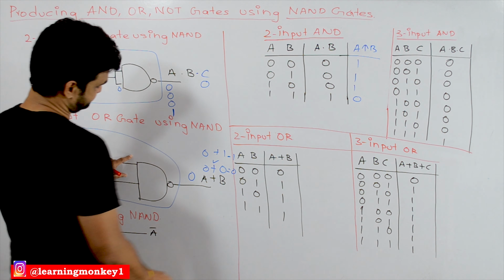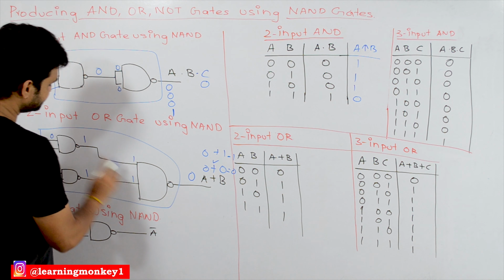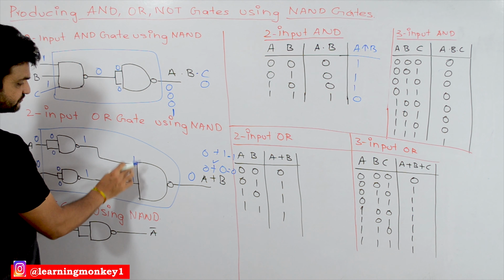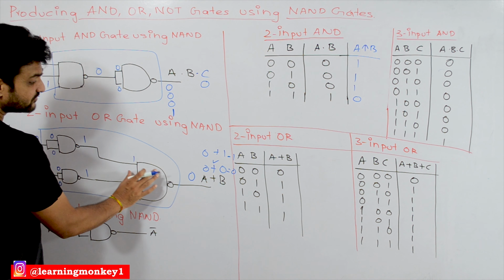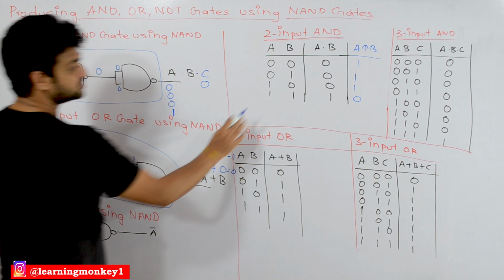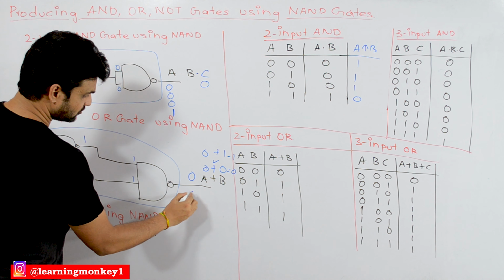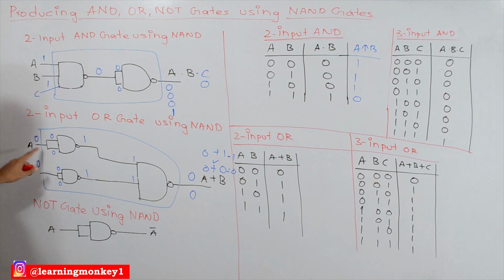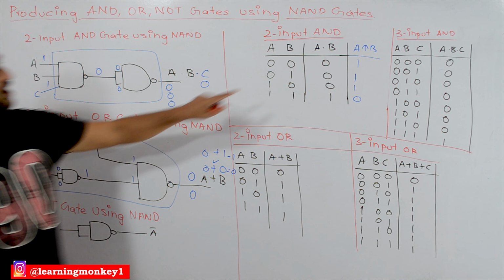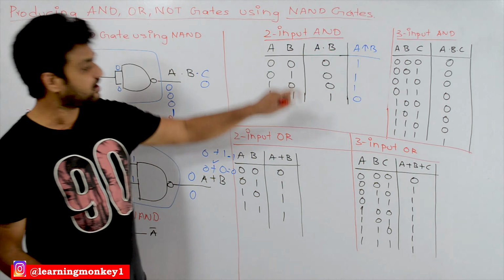For 1 1, the NAND gate will produce a 0. What is the outcome for 0 0 in the OR operation? 0 0 in the OR operation is going to be a 0.